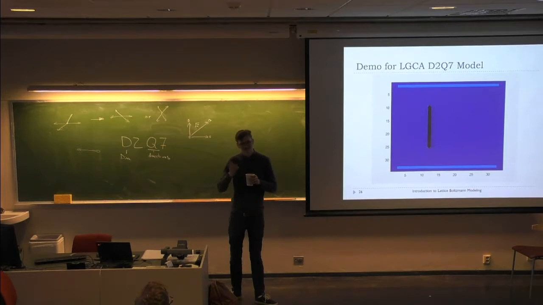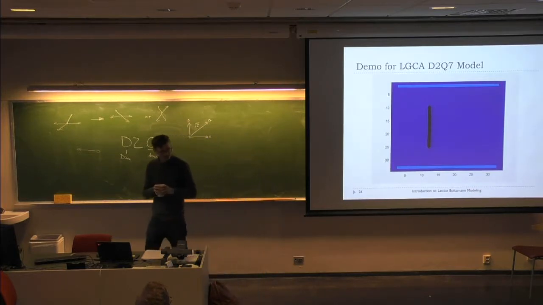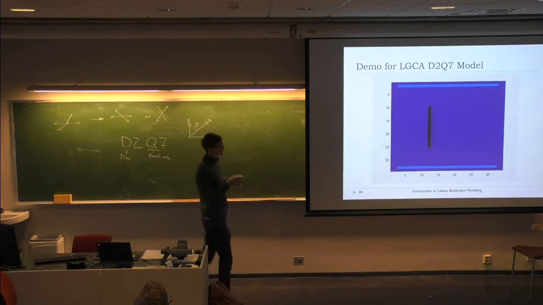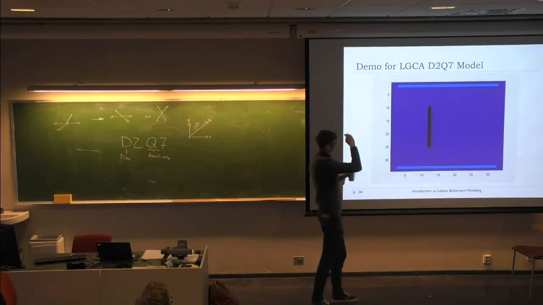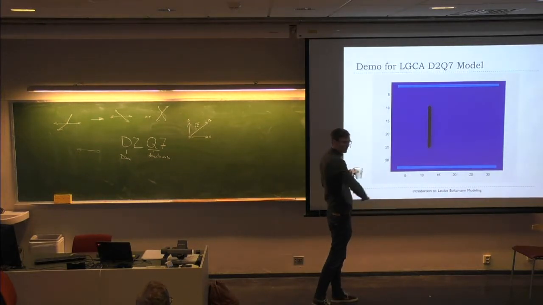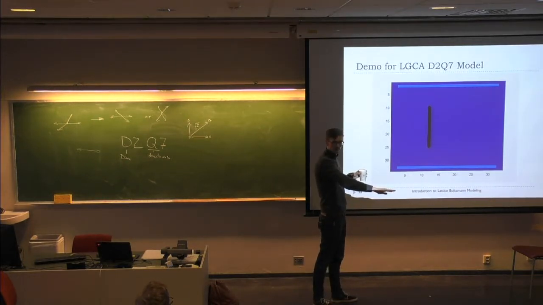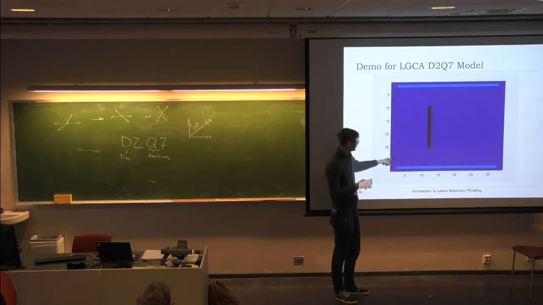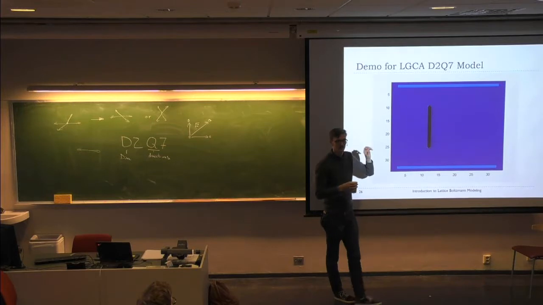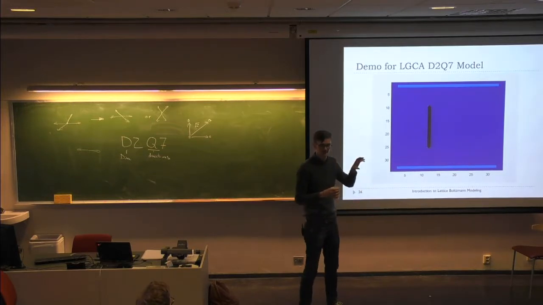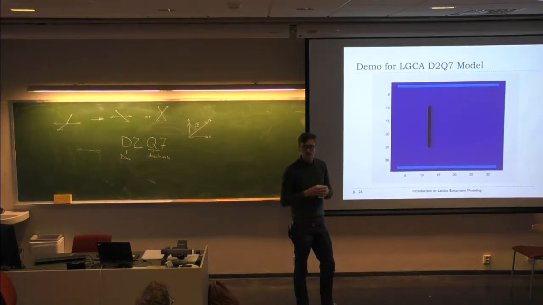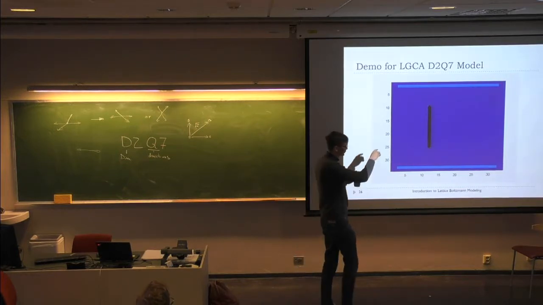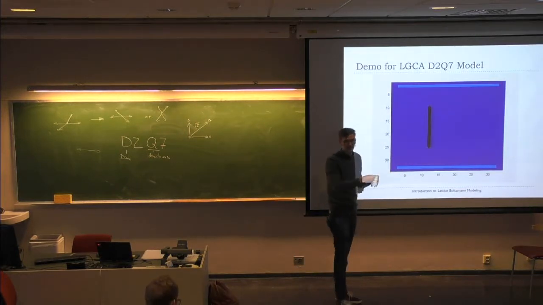So yeah, and then here I have a system where I have a bounce back boundary on top and below. What I'm going to do is create random velocities here, or particles coming from the left. And what I'm hoping to simulate is something like fluid flow around an obstruction, just a line.